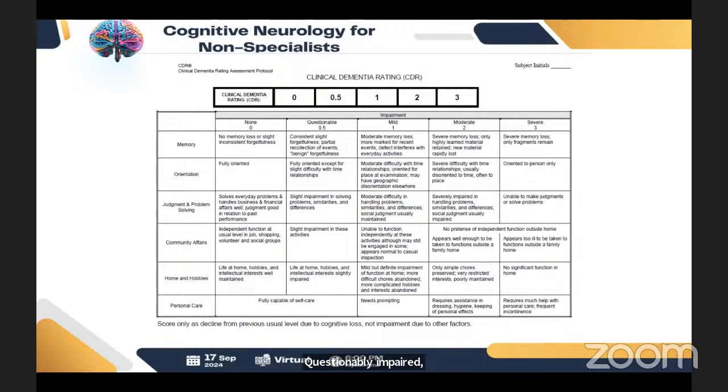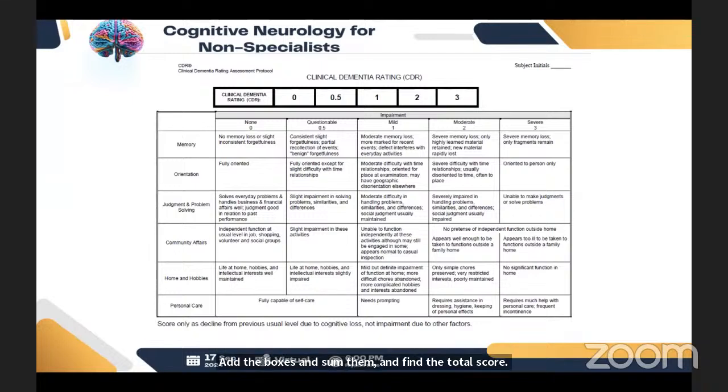Then to calculate the global Clinical Dementia Rating, there is a specific calculation, but if you go online and search for a CDR calculator, you can just enter your findings and get the result. If you want to be more detailed with the CDR sum of boxes, you can just add the boxes and find the total score.